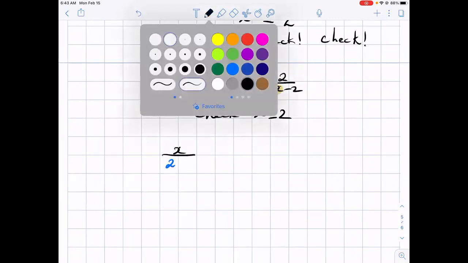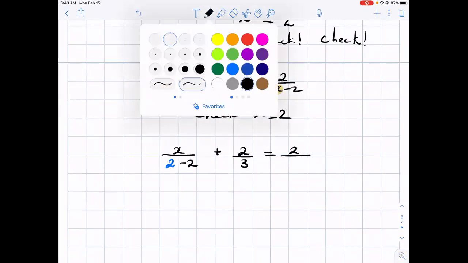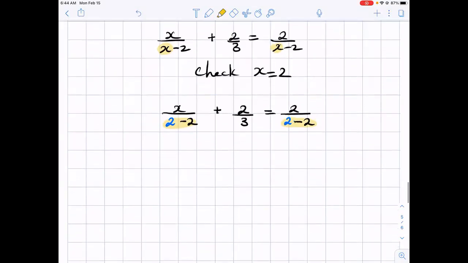If we replace x with 2, you will see here that this denominator becomes 0 and this denominator becomes 0. Once one denominator becomes 0, you cannot use that as a solution.